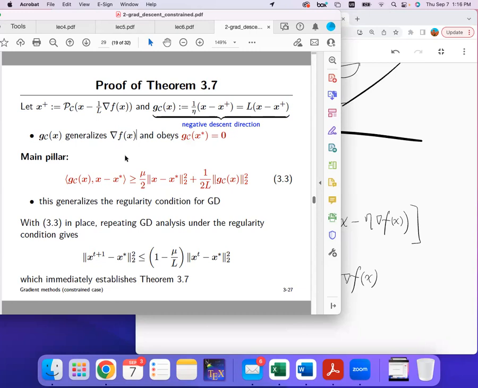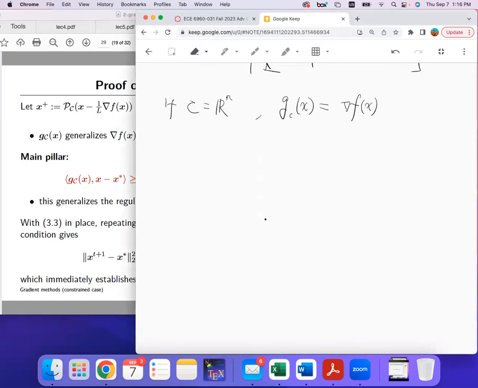In the unconstrained case, we know at x star, at the minimizer, the gradient is 0. But in the constrained case, if you constrain your variable within this interval, you can see at the minimizer, the gradient may not be 0.